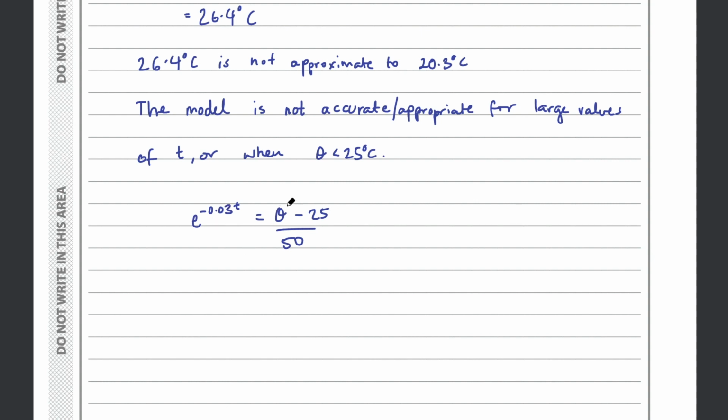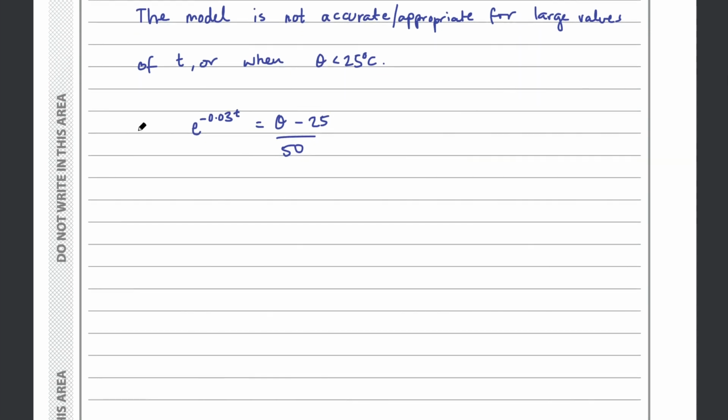So if we're getting, say, 20 take 25, this would be a negative, and therefore this equation will not have any solutions. So I could just say it has no solutions when theta is below 25.